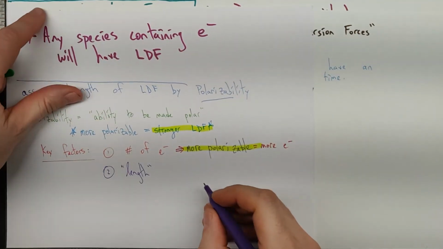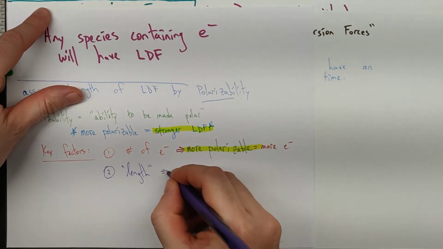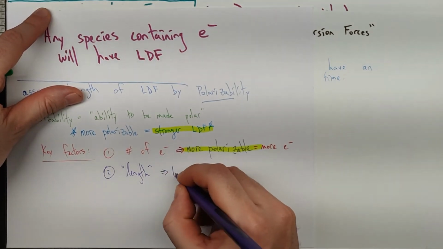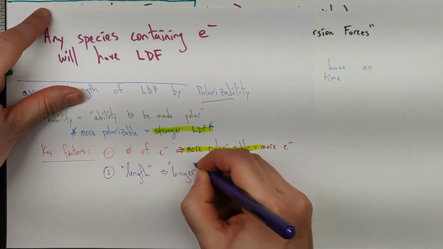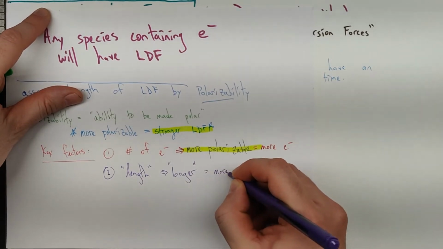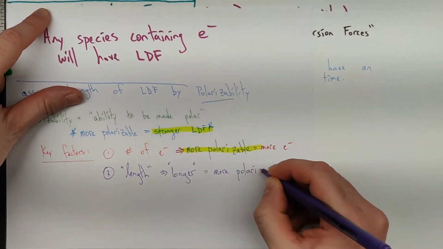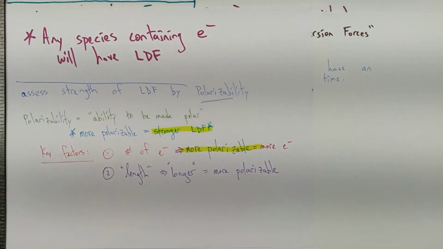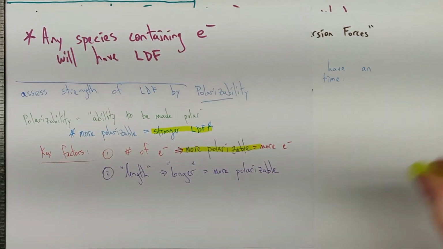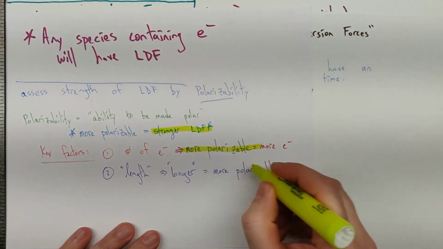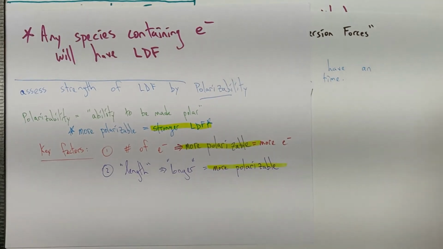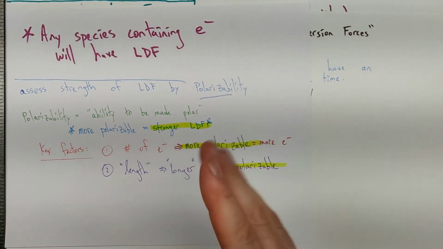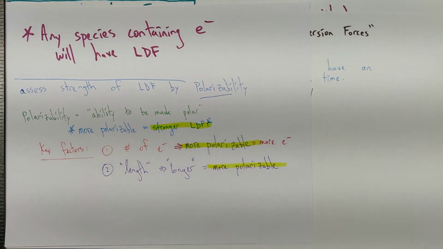So in terms of length, and I'll be more careful here how I write this, longer, and I'll put that in quotes, is more polarizable. And what does more polarizable for our purposes mean? Fundamentally, stronger London dispersion forces.